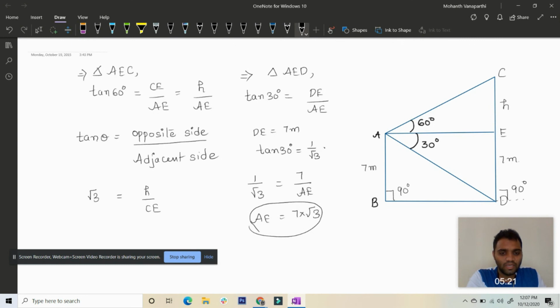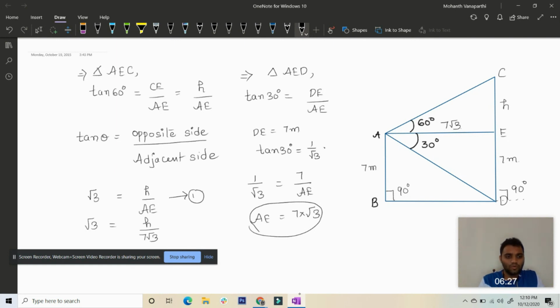I am substituting the value of AE in equation 1. Now we know that the value of AE is 7 root 3. Putting this value 7 root 3 in the diagram. If I substitute the value of AE in equation 1, I will get root 3 is equal to H divided by 7 root 3.